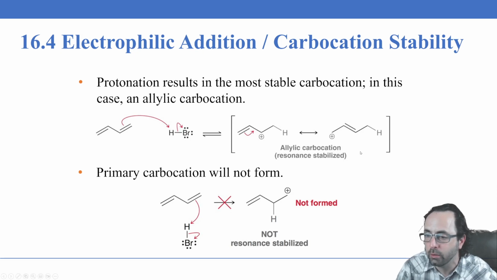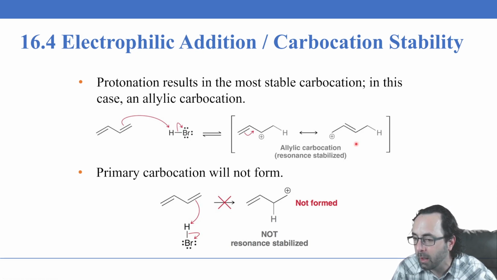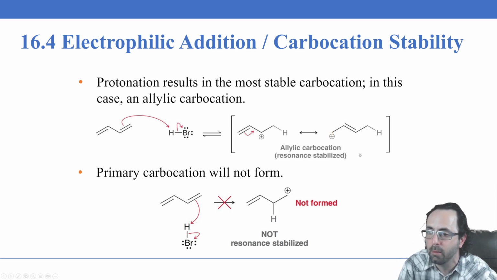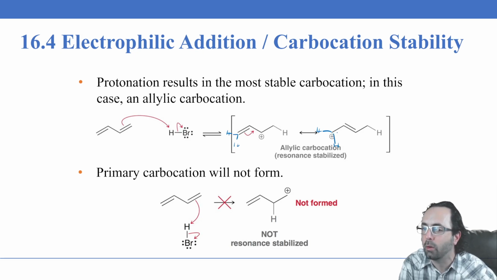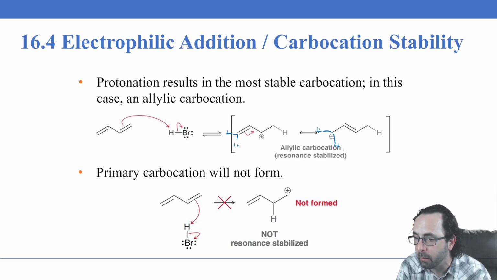It has 1 hydrogen attached, but it's making 3 bonds with no lone pairs, so it has no formal charge. Now note that this carbon here had 2 hydrogens attached, right? So it still has 2 hydrogens attached. And so it is now having 3 bonds and no lone pairs. And so it is sp2 hybridized. It is a carbocation because it has 3 bonds and no lone pairs.